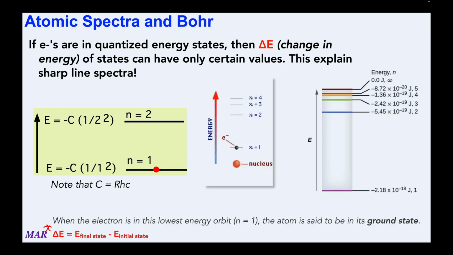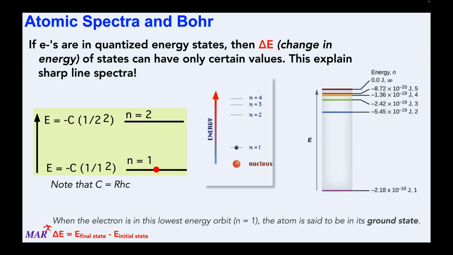According to the Bohr model, when a hydrogen atom receives energy, its electron leaps from a low-energy orbit to a higher one, forming an excited state. As the atom loses energy, the electron jumps back to a lower-energy orbit, releasing light as it goes. When gaining energy, the orbit to which the electron jumps depends on the amount of energy involved. When the electron occupies the lowest energy orbit possible, the atom is said to be in the ground state.